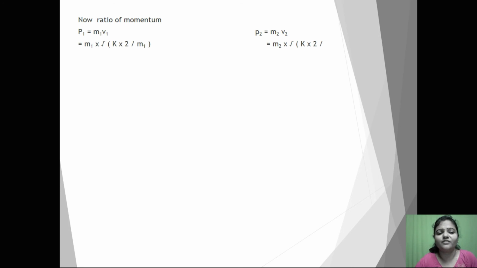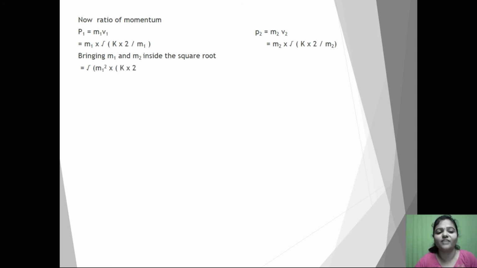The next step, we will take this m1 and m2 inside the square root. So when it goes inside the square root, it goes as m1 squared on this side. On the other hand, it goes as m2 squared. So P1 is equal to square root of m1 squared into K into 2 divided by m1.